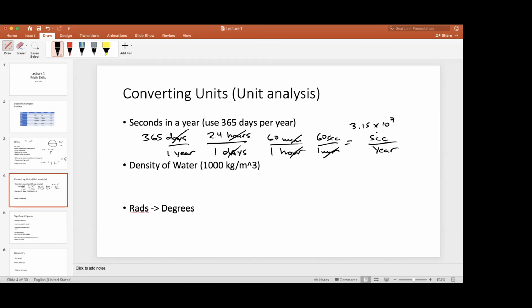If you want a shortcut, you can simply use pi. There are pi times 10 to the 7 seconds in a year on Earth. It's an extremely useful shortcut so that you don't have to do this.